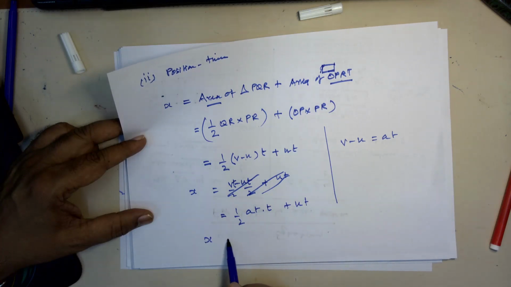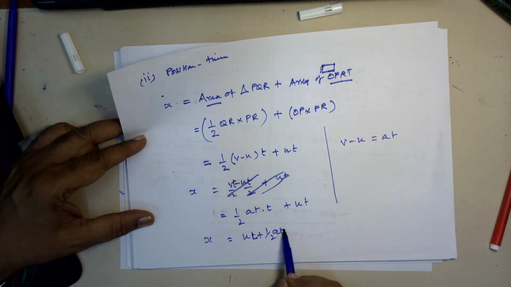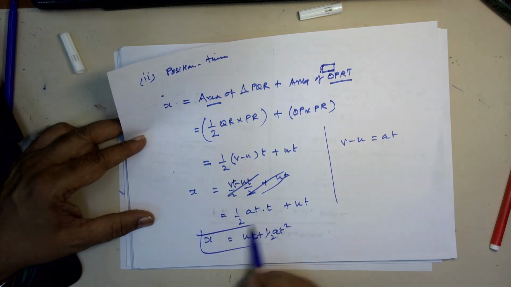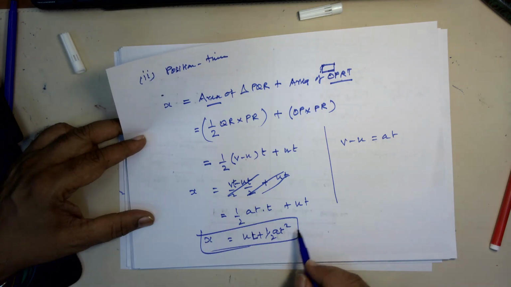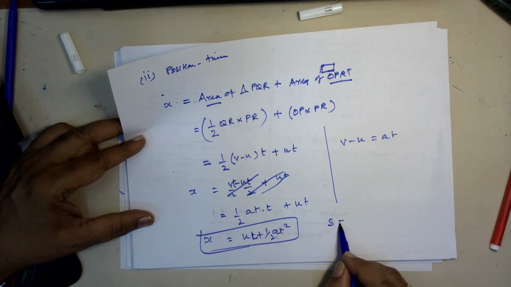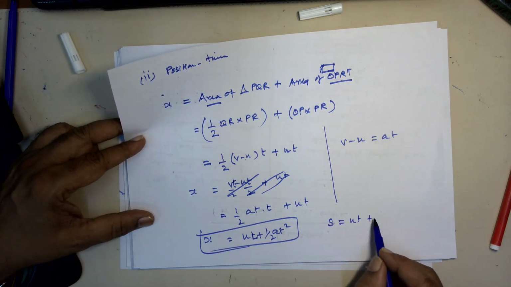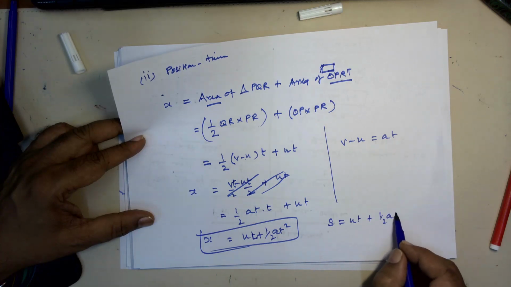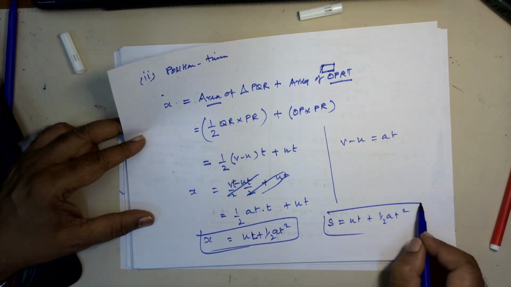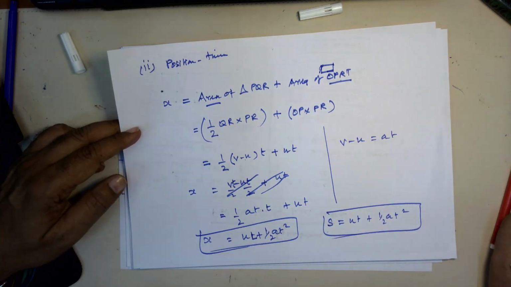So it means x is equal to ut plus half at square. Sometimes this x is also represented as s. Therefore, s is equal to ut plus half at square. So this is the second kinematic equation.